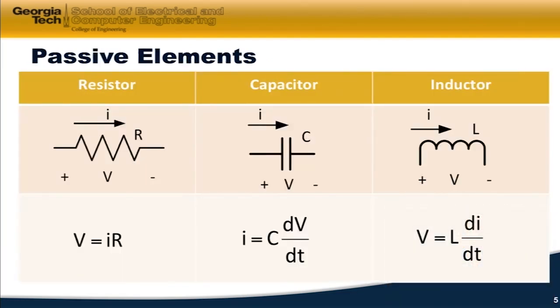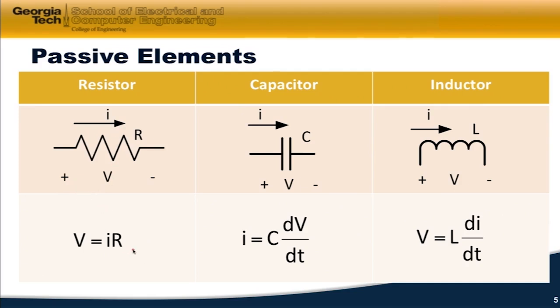So let's look at these passive elements: a resistor, a capacitor, and an inductor. In each of these cases, we show by convention that the current is going into the positive side of the voltage. And with that convention, we get the equation. So this equation corresponds to this convention, where this arrow is flowing into the positive side.